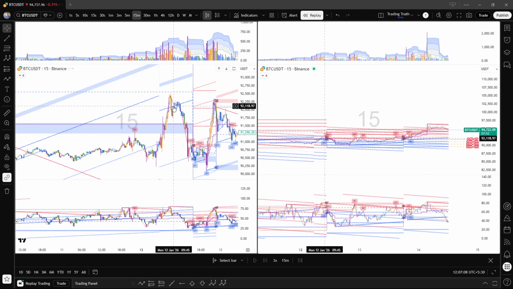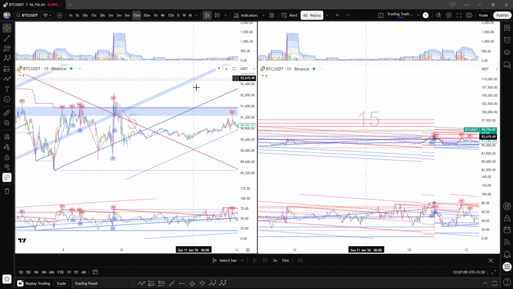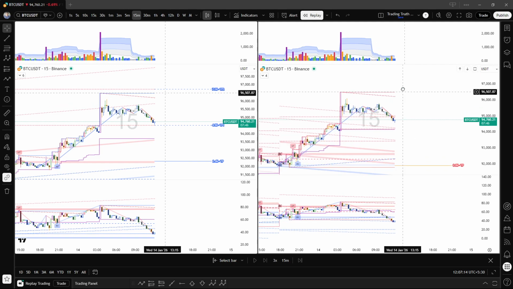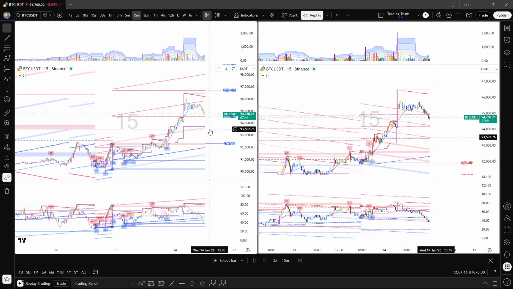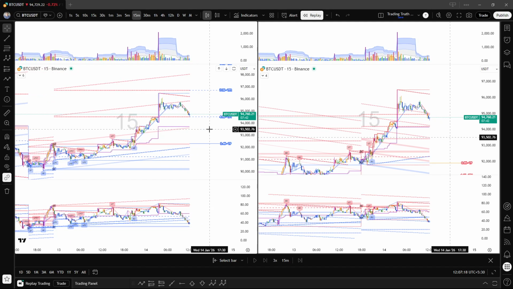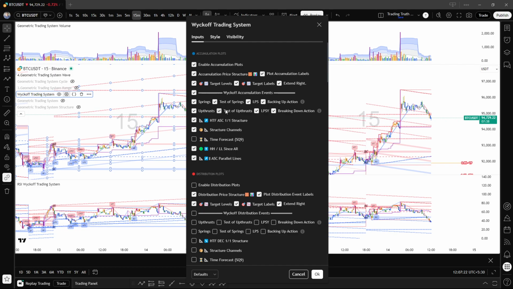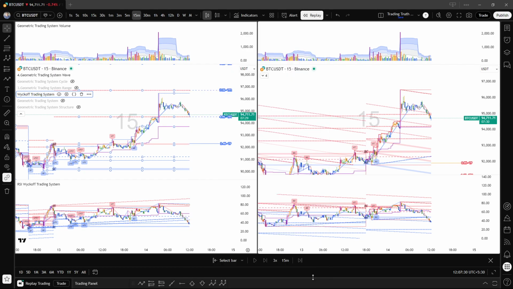So yeah, guys, you can see for yourself, this Wyckoff analysis works really well. But if you don't have trend lines, then it doesn't work. I have seen that it doesn't work as well as you would think without trend lines.